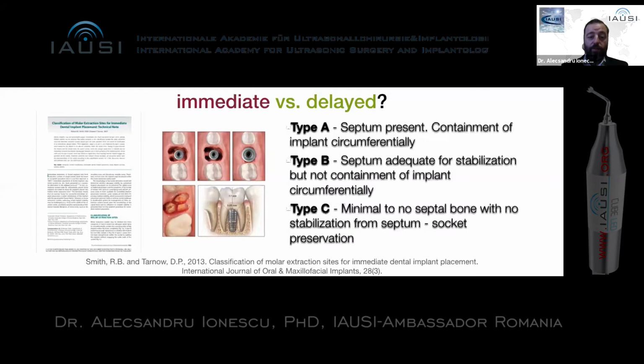Lateral zone immediate implant placement is not possible all the time, but in type A, when the septum is present and has a good diameter, and type B, where there is some septum and we need to fill the rest of the gap, we do immediate implant placement even in the lateral zone.